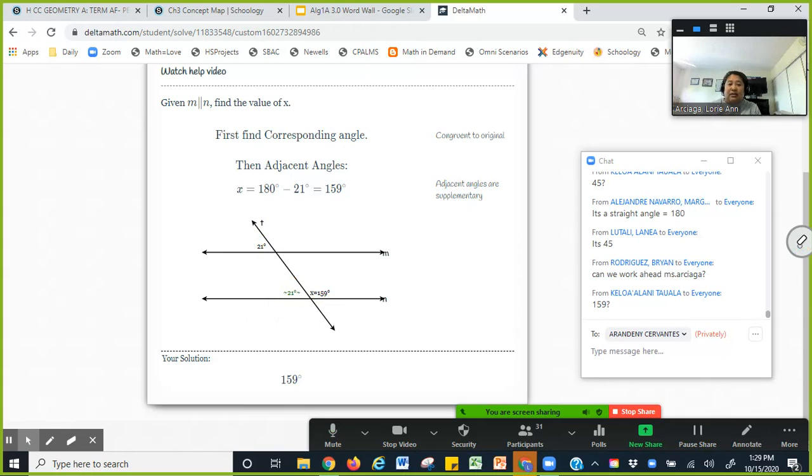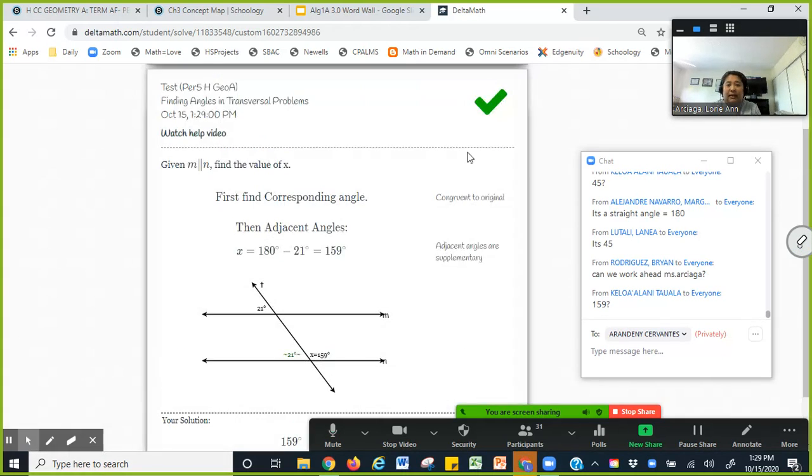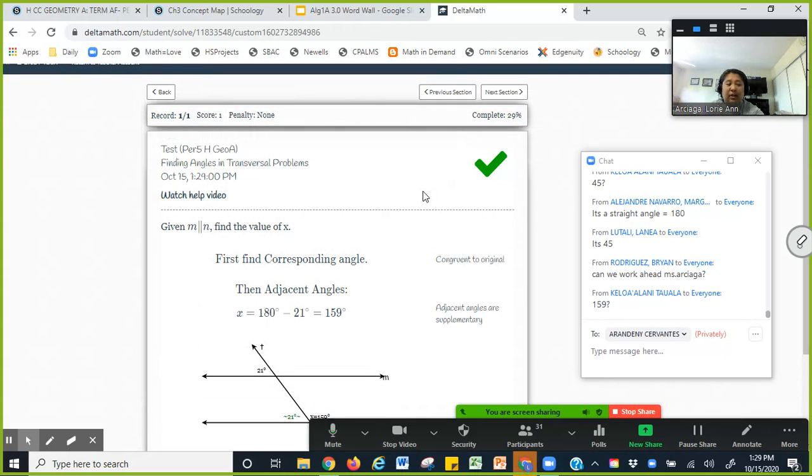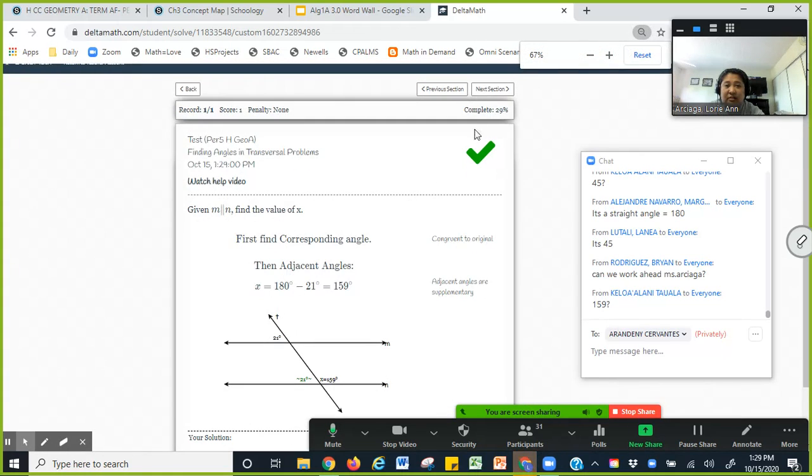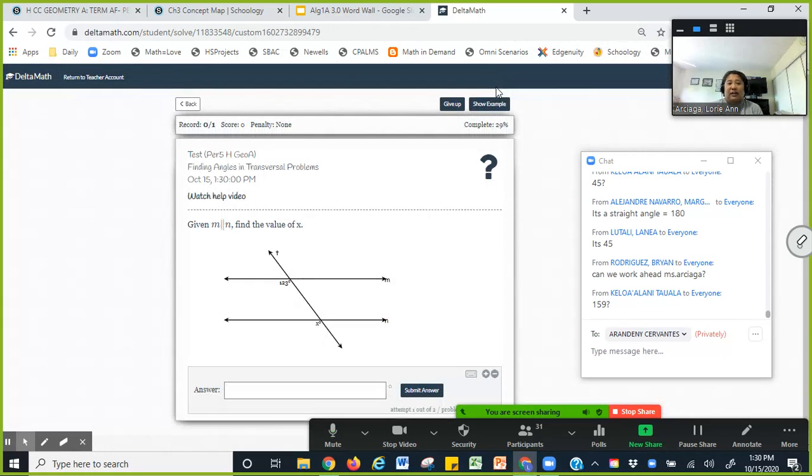Okay. Let's keep going. How can I make the screen smaller so I can see the next section faster? Excuse me. All right. Here we go. Next one. Answer 123. 123.